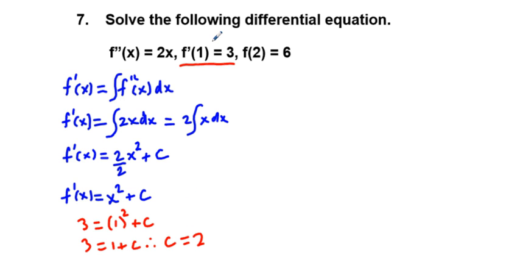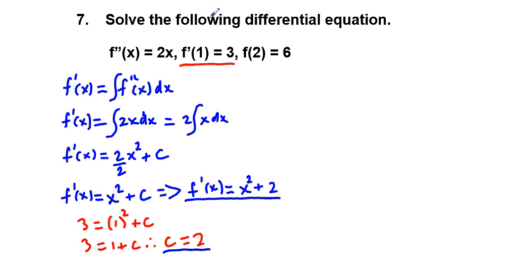And so having found that our constant of integration c, in this case, is 2, we can take our last version of f prime of x equals x squared plus c and get the particular solution, which is f prime of x is equal to x squared plus 2. So I'm going to make just an underlining here, meaning that's kind of a preliminary answer. Also, this constant of integration is 2 below here.